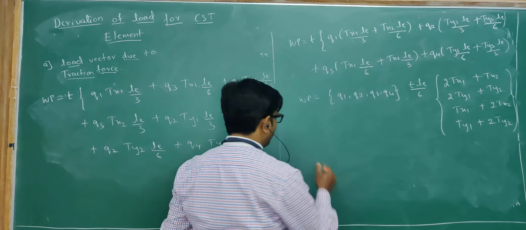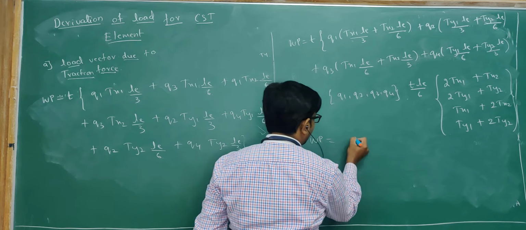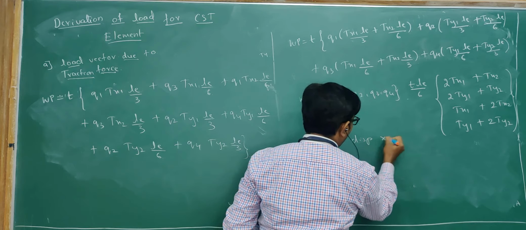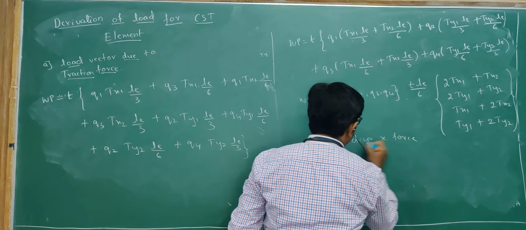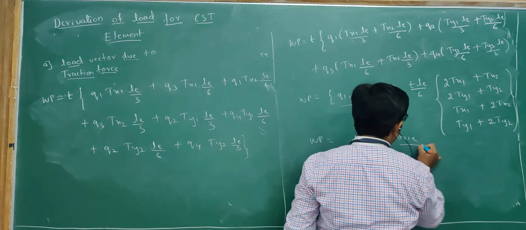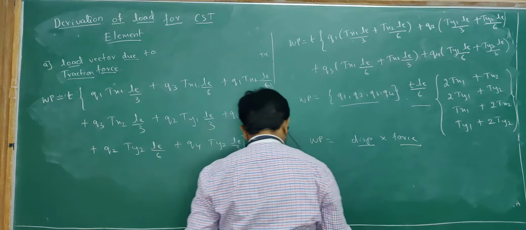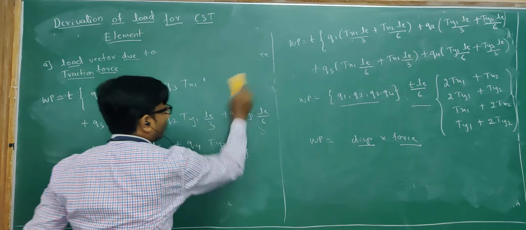From this work potential, you know that it is displacement into force. So this is the displacement parameter and this will be the force parameter here. We will be writing the traction force here.